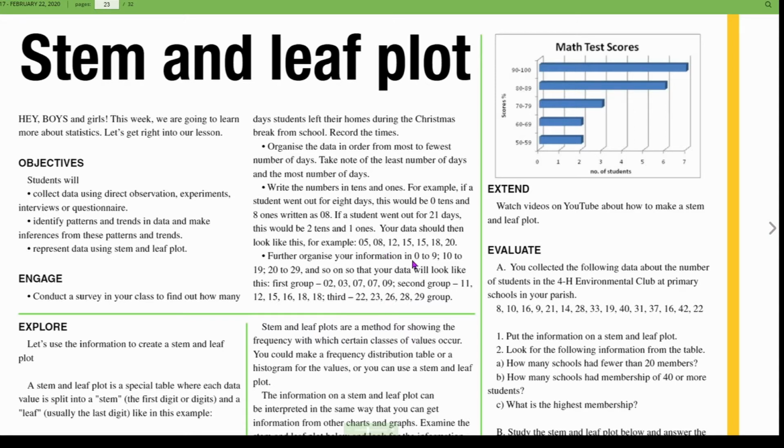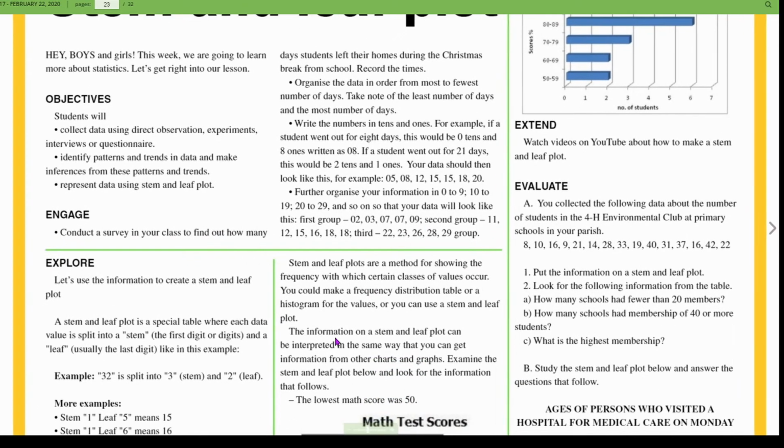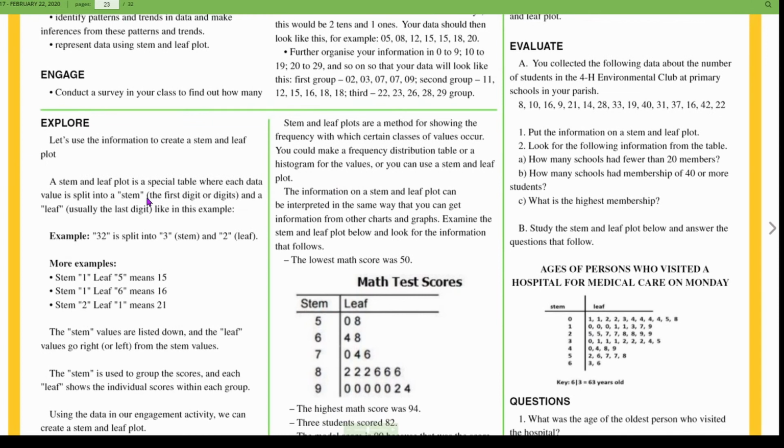Between 0 and 9, between 10 and 19, between 20 and 29, the next group that would come would be what? 30 to 39, then what? 40 to 49, 50 to 59, 60 to 69, 70 to 79, 80 to 89, 90 to 100. All right.